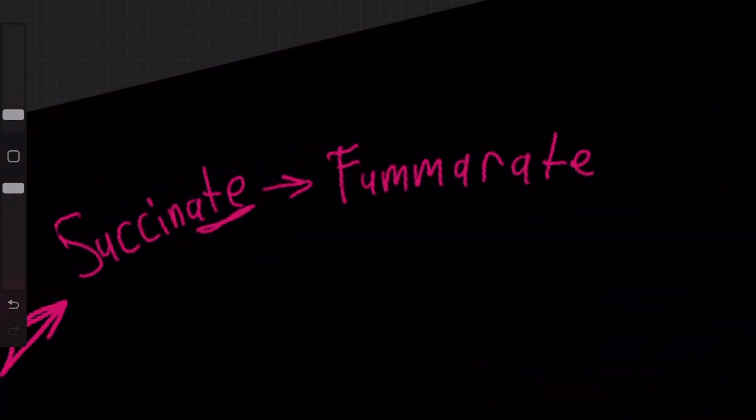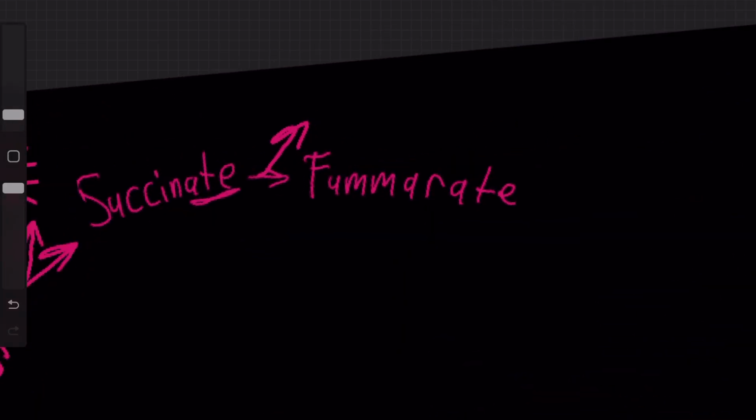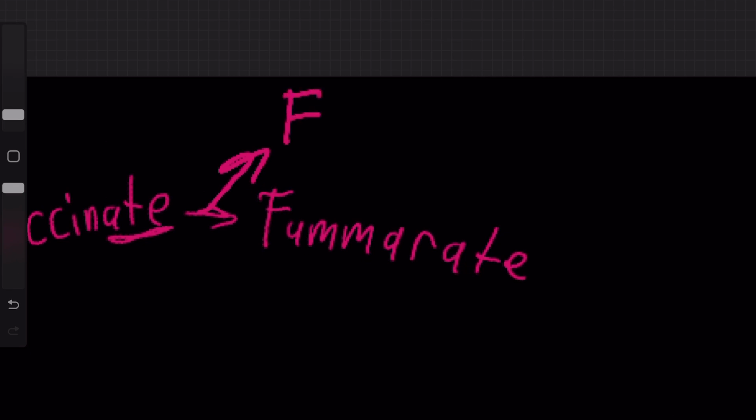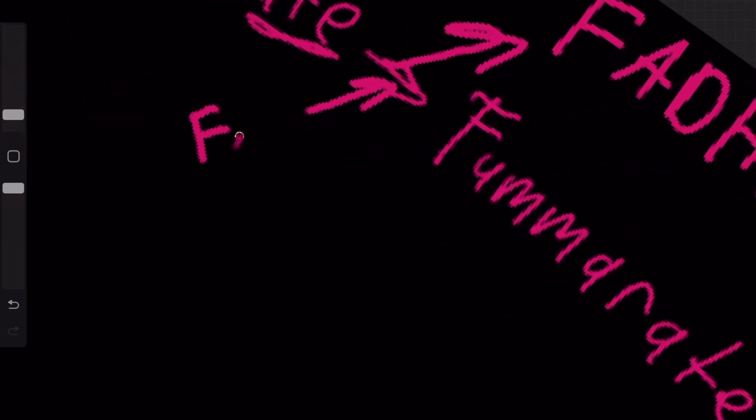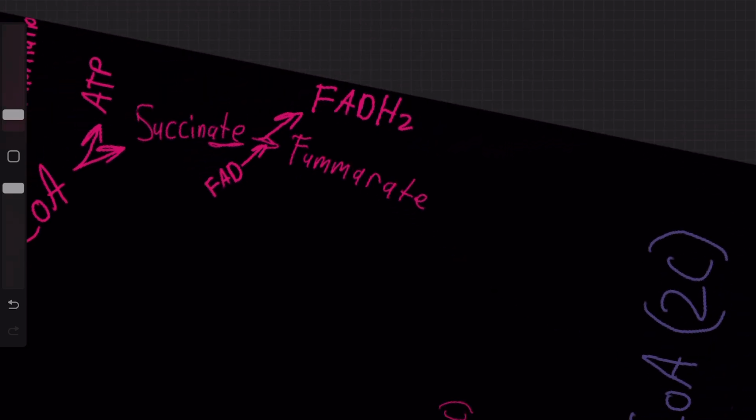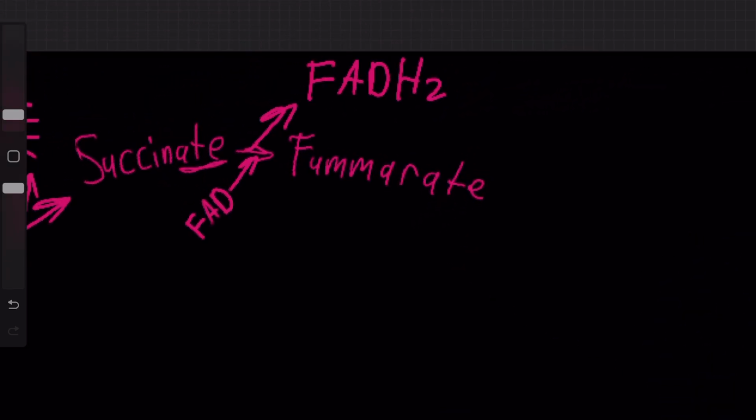All right. The byproduct of fumarate is going to be FADH2. And that will use an FAD. So we use an empty truck. The empty truck is FAD. And I remember this as fumarate that starts with an F. Right before it, we're going to make another F, or FADH2.